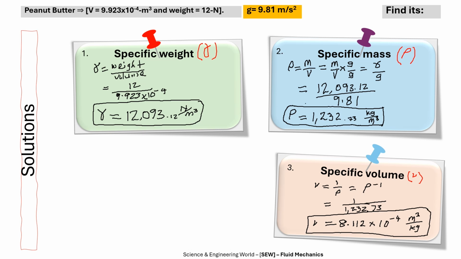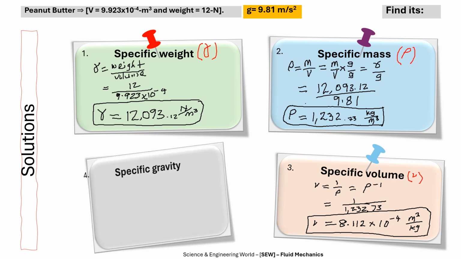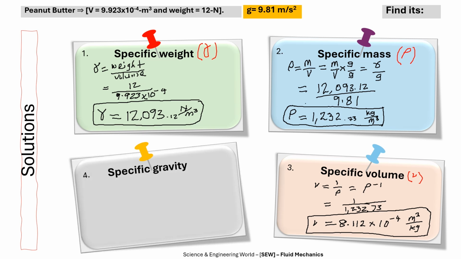The fourth one we have to find is specific gravity. In that video as well, specific gravity has a symbol of S, and like I said, it can be SG.